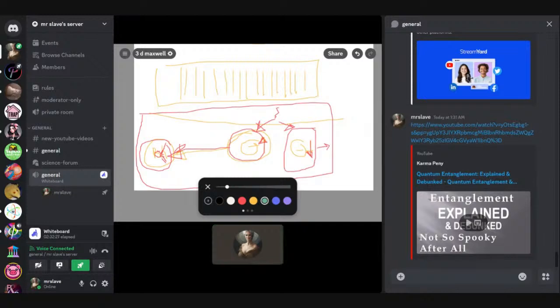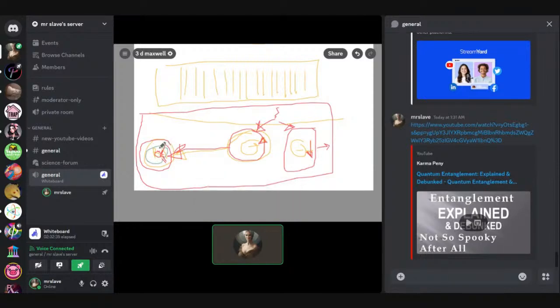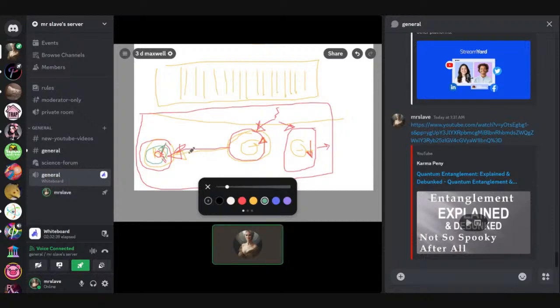Okay, so you're throwing in the electron, and let's think about the field here. Let's assume internally it's spinning horizontally. When the electron comes here, we need it to interact and be absorbed by the neutron star.